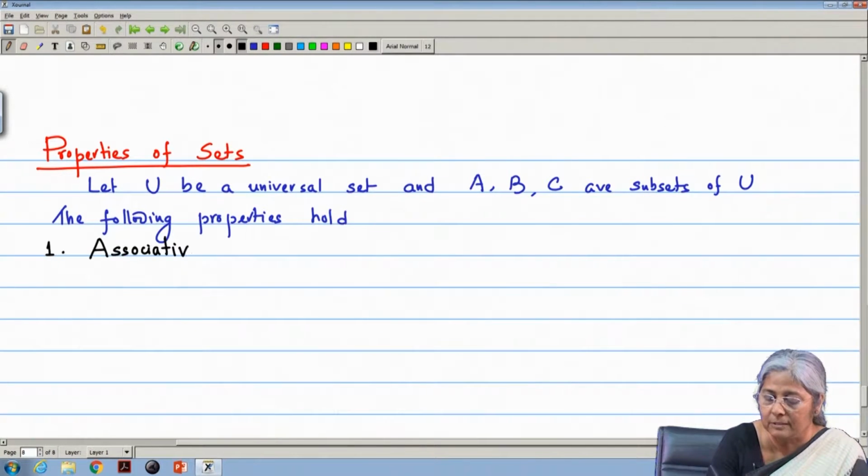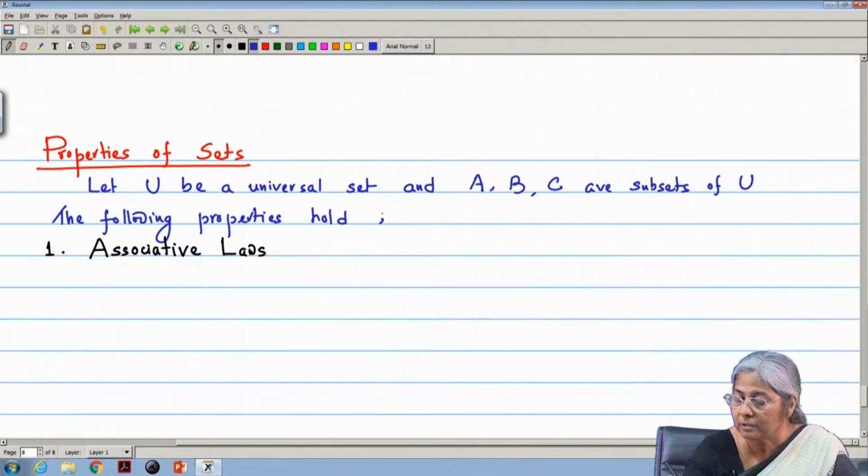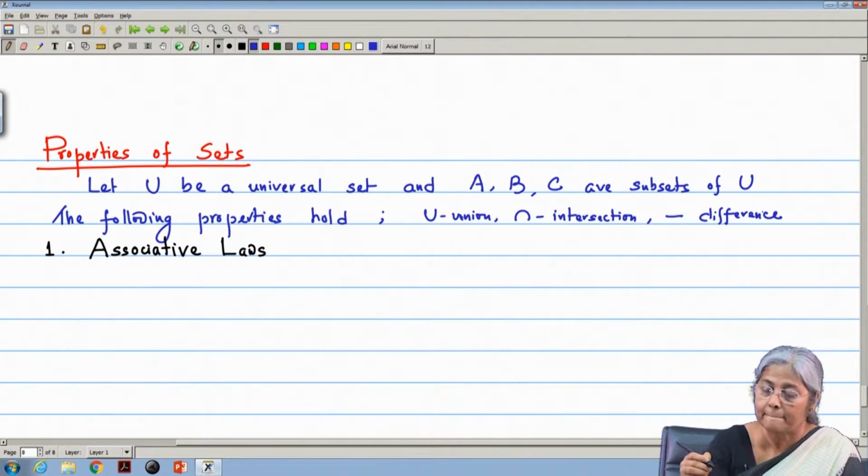So, this first is the associative laws of sets. So, here we consider these 3 sets and the operations are union, intersection, and set difference. So, associative laws.